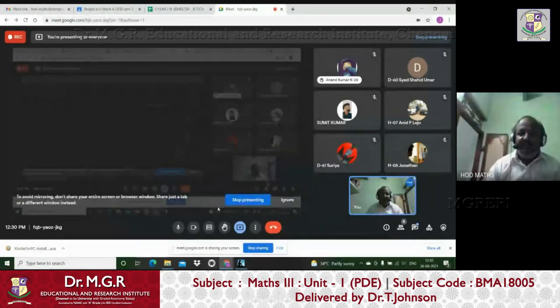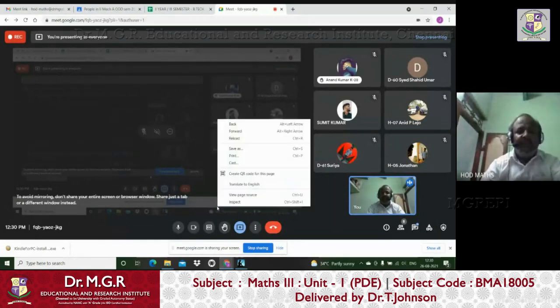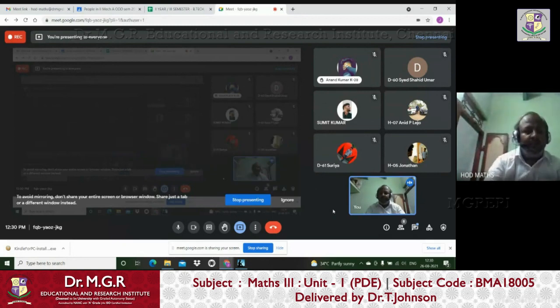So now I will connect this with the differential equation. Then only you can understand what a partial differential equation is. So again, I am writing the same thing, very simple. You can understand by one simple example. Just now I wrote z equals x square plus y square.